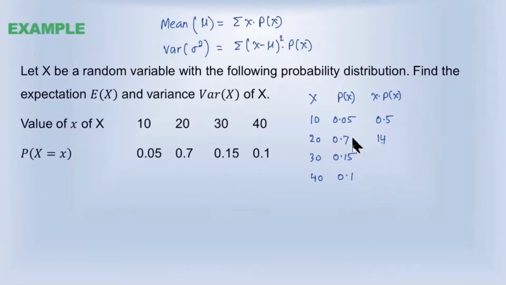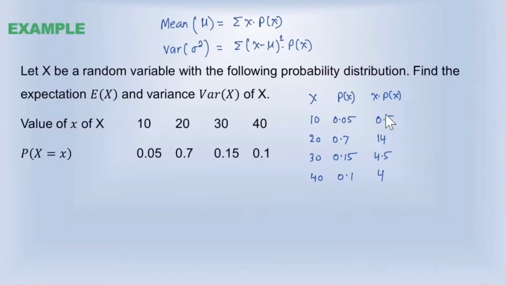I got 14. 14 is right, okay. How much is 30 times 0.15? 4.5, very good. And how much is 40 times 0.1? 4. Okay.